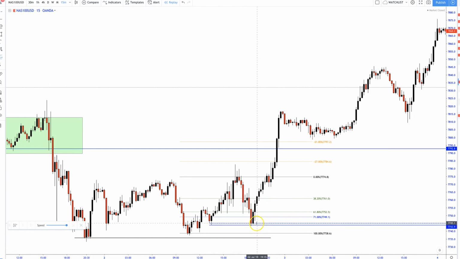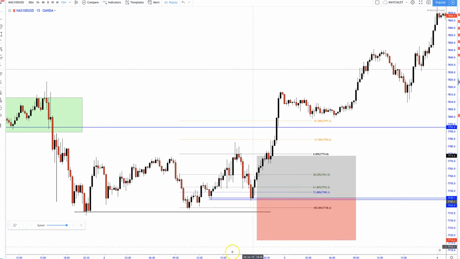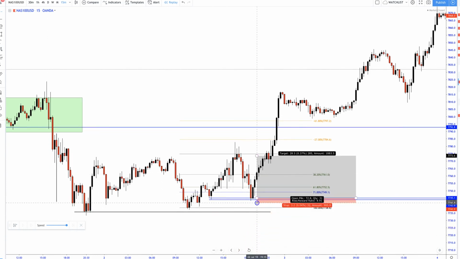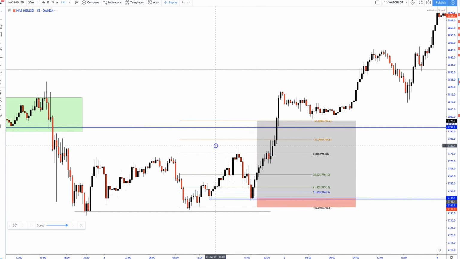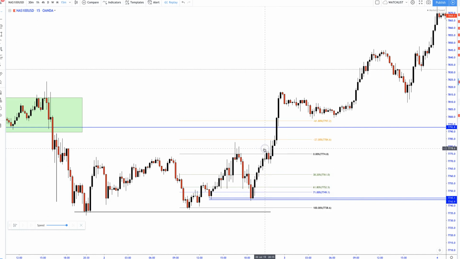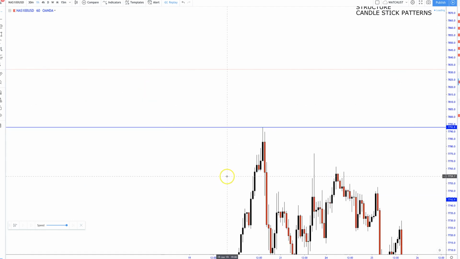If I get in over here and I put my stop loss, and again, we're on the 15 minute, let's call it 60 pips to be safe. And we take it up to 61.8. That is a 522 pip take profit for 60 pip risk. Insane. Completely insane.